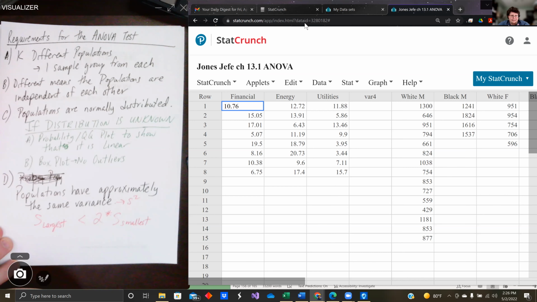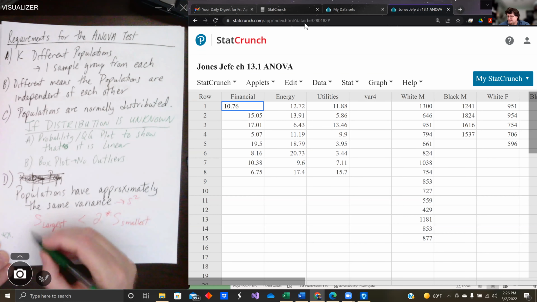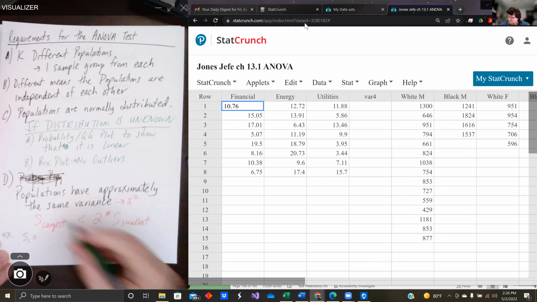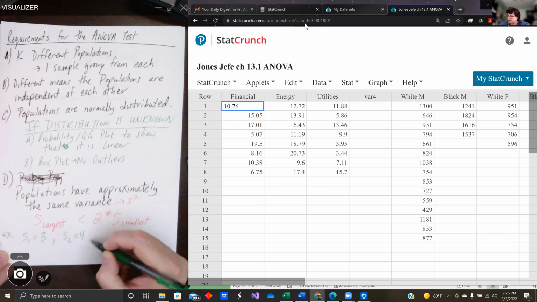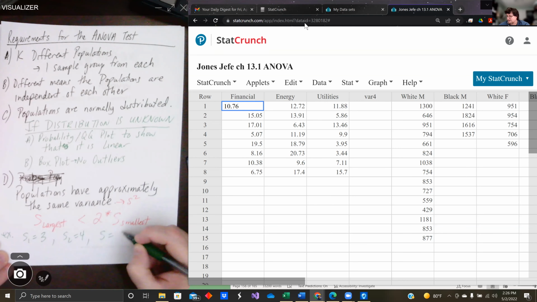That might be a little bit confusing, but let's say we have S1 equals 3, S2 equals 4, S3 equals 5.5.